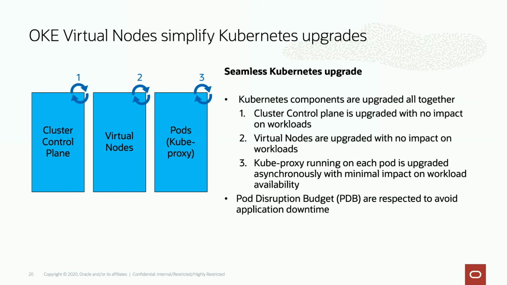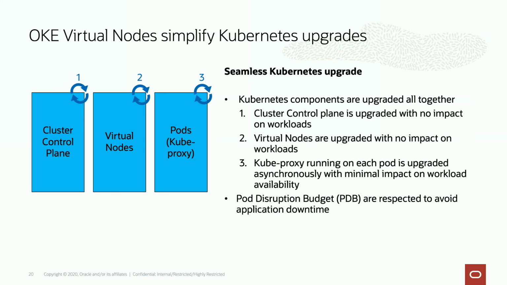Virtual nodes, it's exactly the same way. And we're going to make it go along with the cluster. So when you upgrade the cluster, all the components, control plane, virtual nodes, and pods are getting upgraded all together. So virtual nodes are upgraded in place with no impact on the workloads.